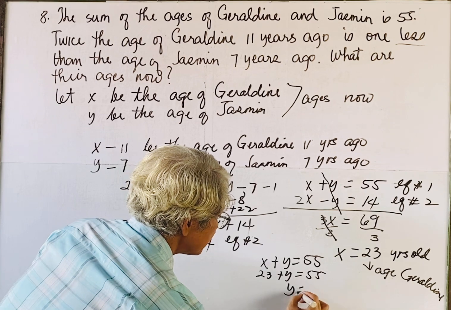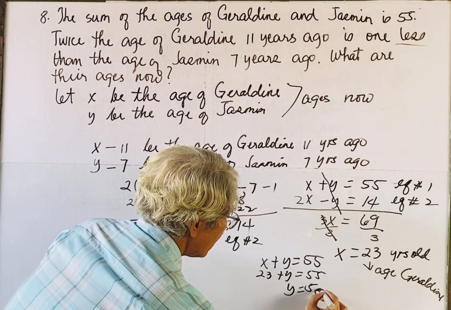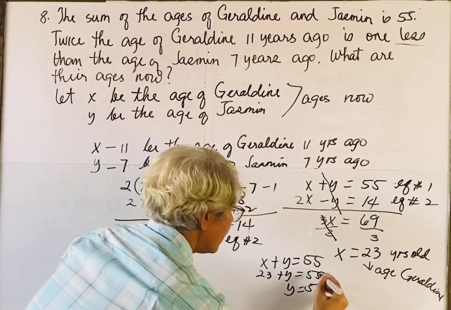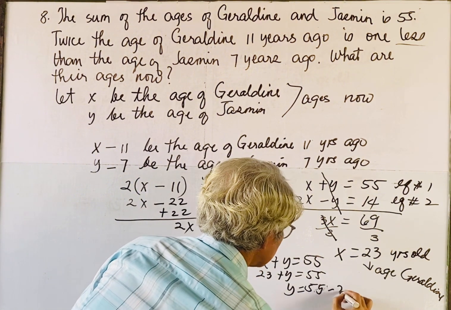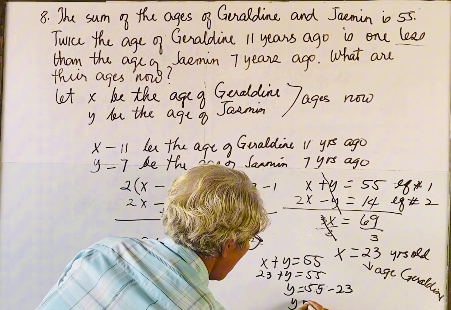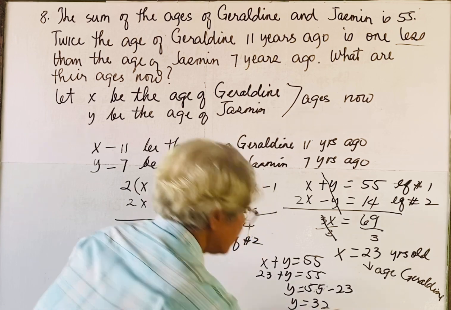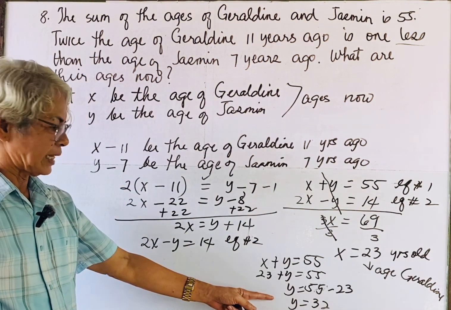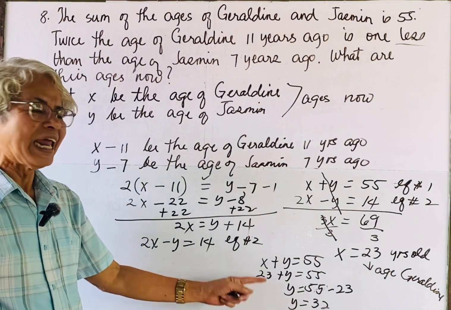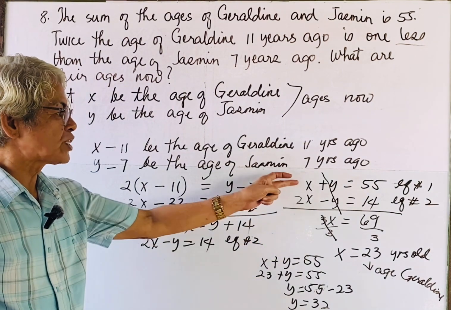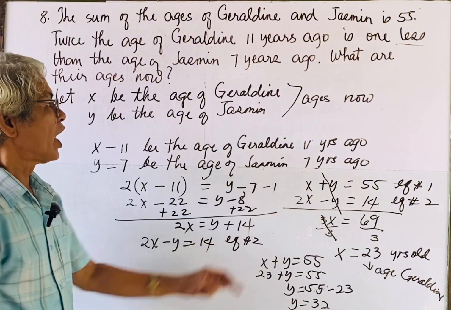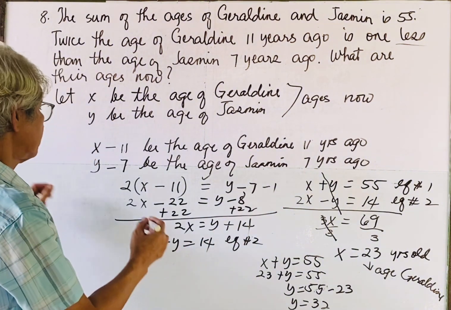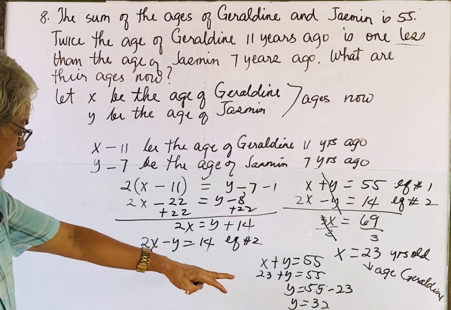Therefore, si Jasmine ay 55 minus 23. Therefore, 32. Therefore, the age of Jasmine is 32. Okay, let us check using our equation 1 and equation 2.